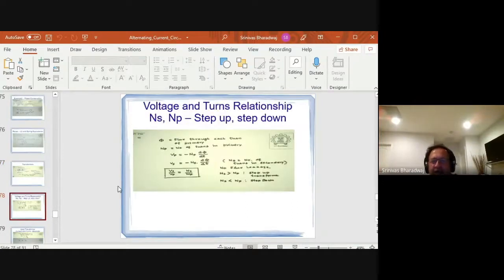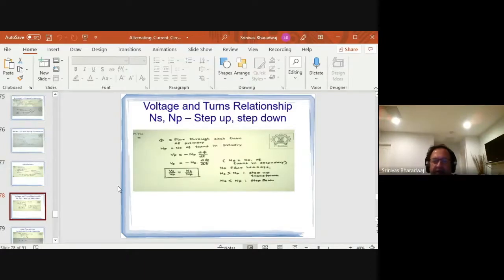And so the flux through each turn of the primary, Np is the number of turns in the primary. As you know, N d phi by dt will give you Vp, and Vs will also be N d phi by dt. Now, when you divide the two equations, you end up with Vs by Vp equals Ns by Np.